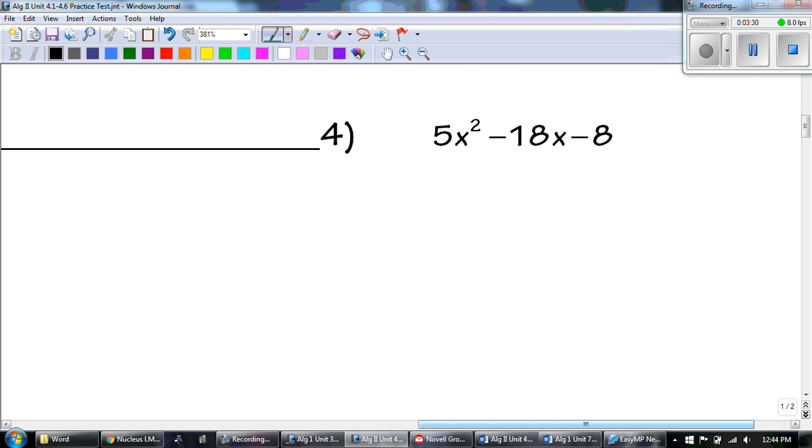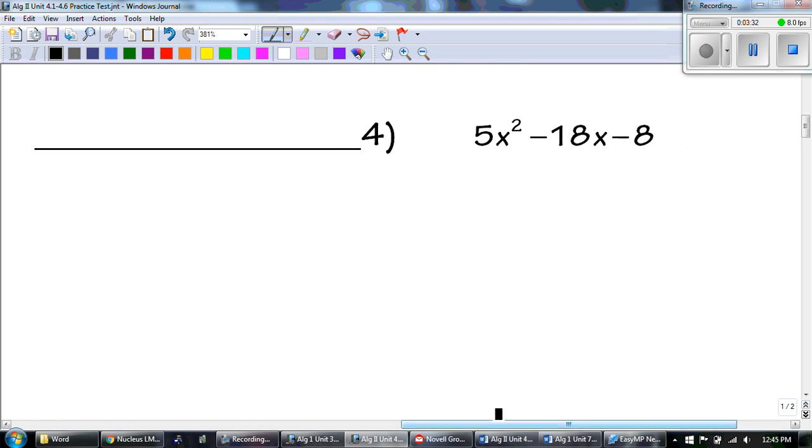Number 5. Okay, once again, we're just factoring. There is no equal sign. There is not a GCF. That's the first thing we always want to check. So then I multiply 5 and 8 to get negative 40 and add to get negative 18.